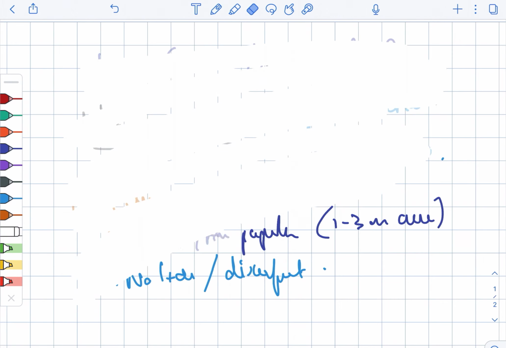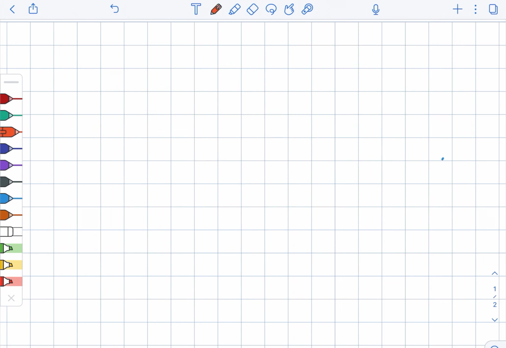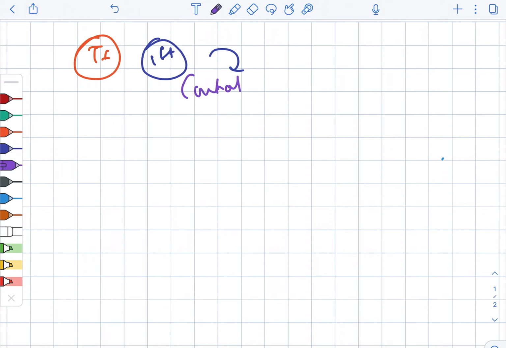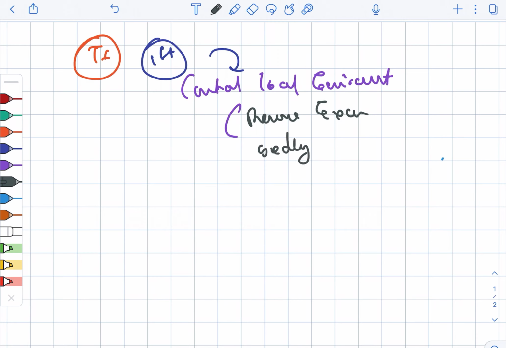Now is the concluding part with the treatment. How to treat this? So here you have the first line. First line includes controlling the local environment, and this is nothing but removing the excess bedding, as well as fans and air conditioning.